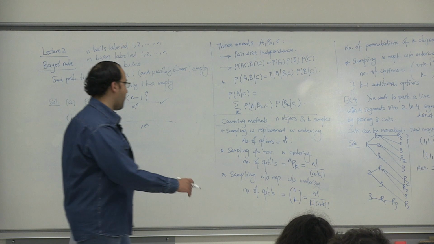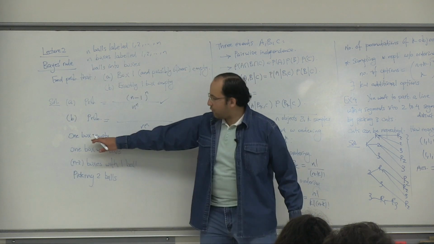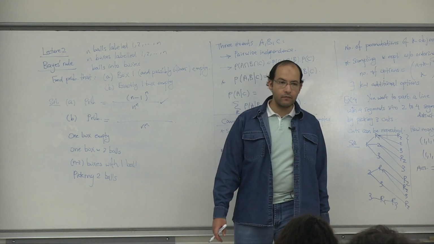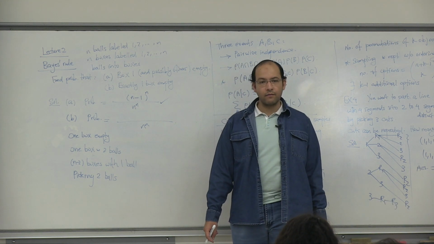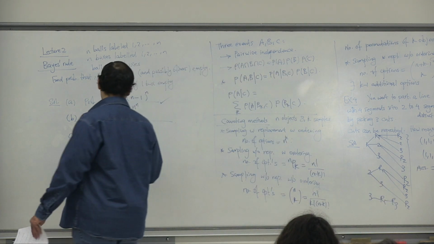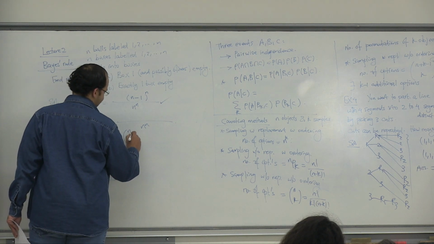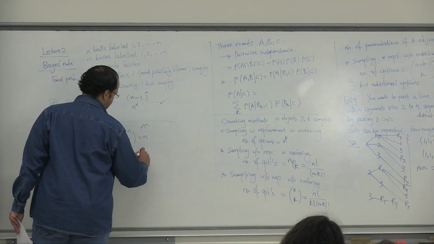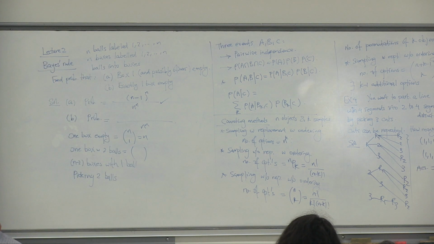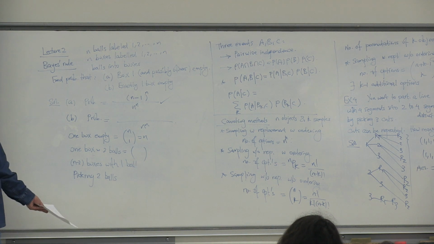Good. It's just one step away from solving this problem. Number of ways of picking one box being empty is? Yeah, exactly. It's as easy as that, don't think about it as a tricky question. How about this one? One box with 2 balls. Yeah, you took one away. It's as simple as that, right?